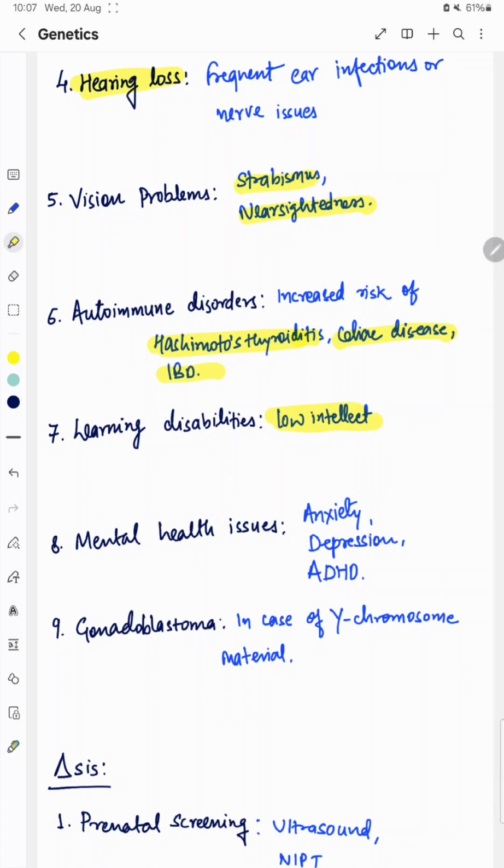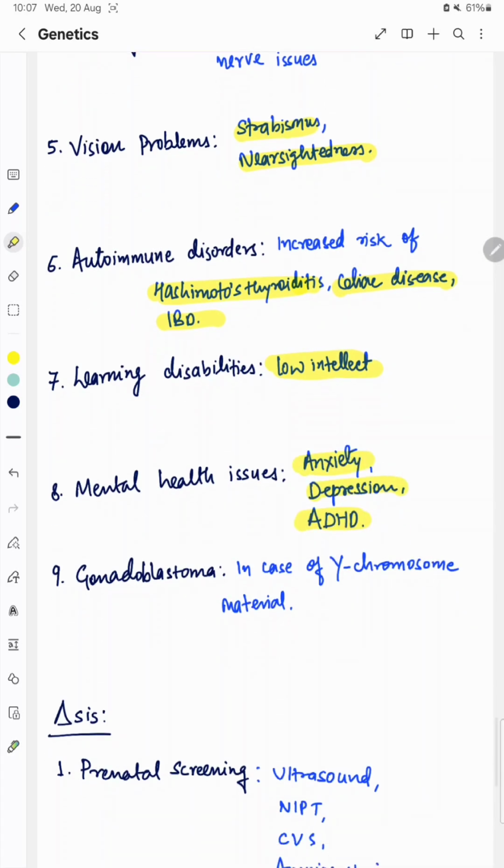They face mental health issues like anxiety, depression, and ADHD, attention deficit hyperactivity disorder. In cases with Y chromosome material, the patient is at high risk of developing gonadoblastoma.